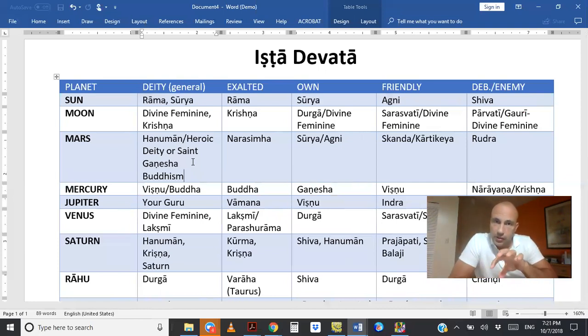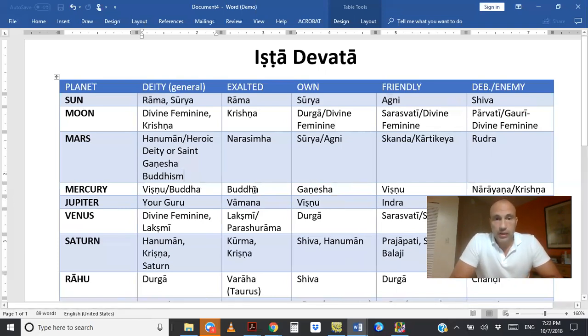And the Buddhists went away from the Vedic traditions of caste and the priestly hierarchies and so on. So they went Vakra. And they have to be heroic to do that, because it took guts to stand up to the politics of the time and say, no, I'm going to do it my way. So Mars also Buddhism, as well as Mercury.